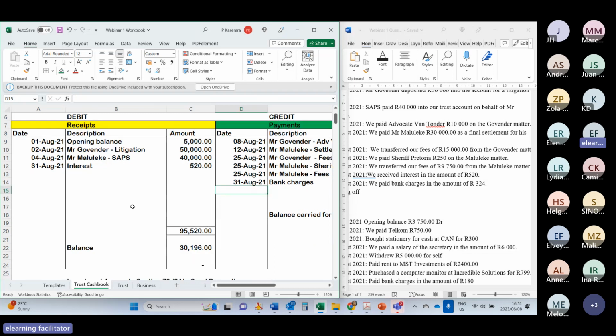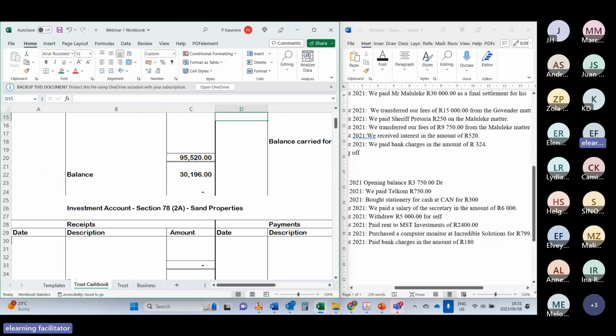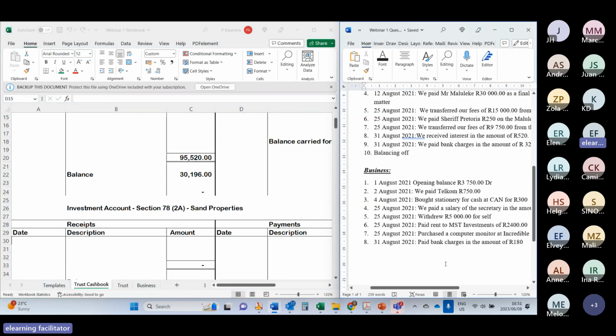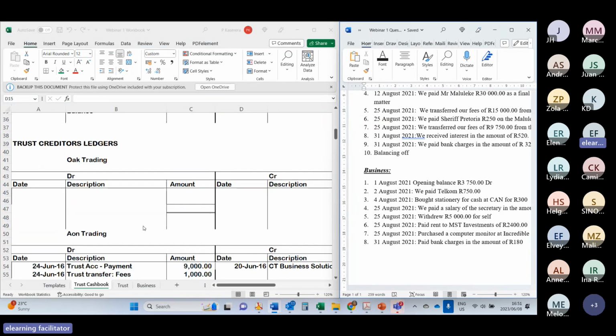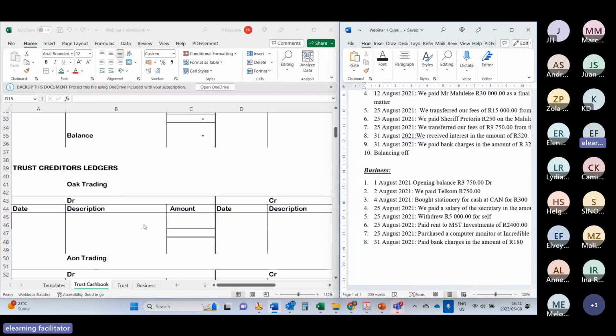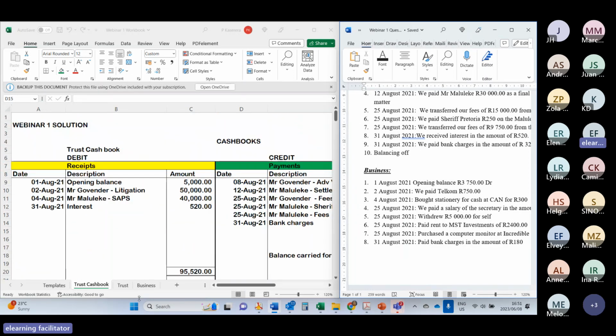So this is what I expect you to do in assignment 1. And then let's record the business transactions. I'm not going to post into ledgers now. We have the trust cash book, and then let's do our business cash book.